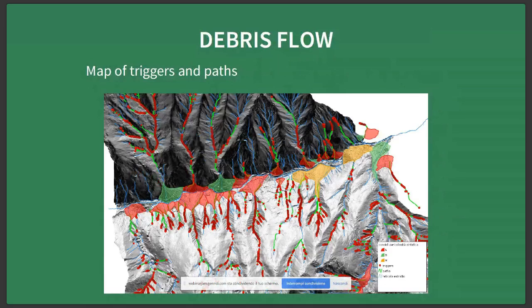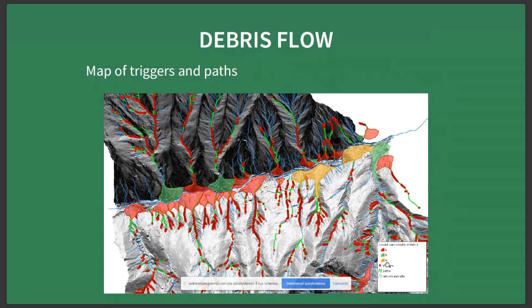For example, the green are not so hazardous, the red are the dangerous fans, and then the yellow are the less dangerous fans.